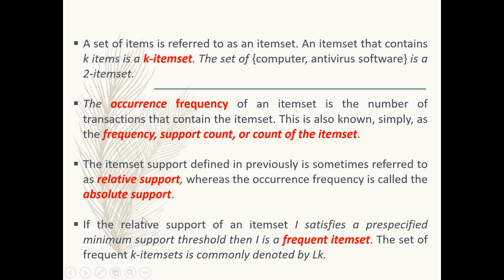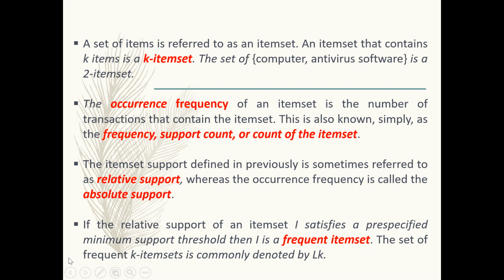If, after calculating the relative support of an item set, you find that the value is higher than or equal to a pre-specified minimum support, then we can say that it is a frequent item set. If item set I satisfies a pre-specified minimum support threshold, then I can be termed a frequent item set.